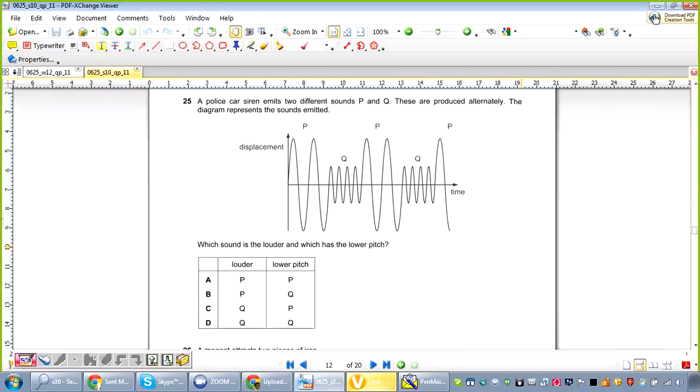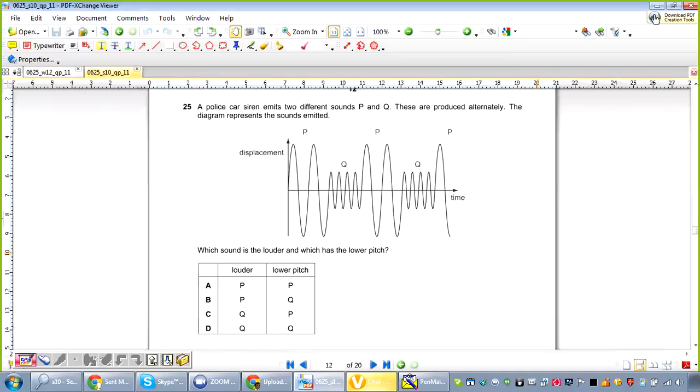So can you go down? So it's either A or B, right?